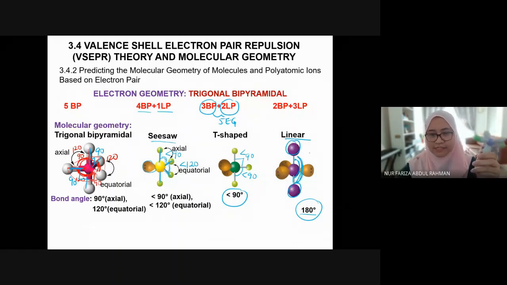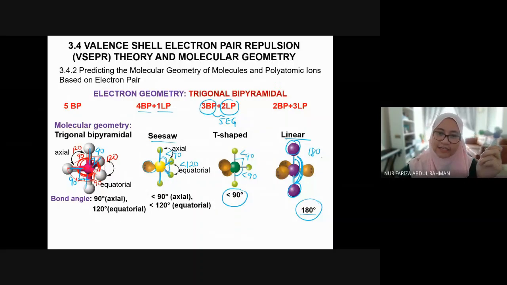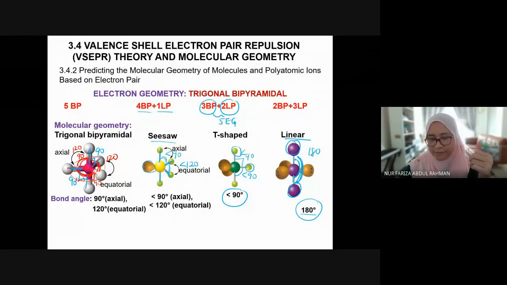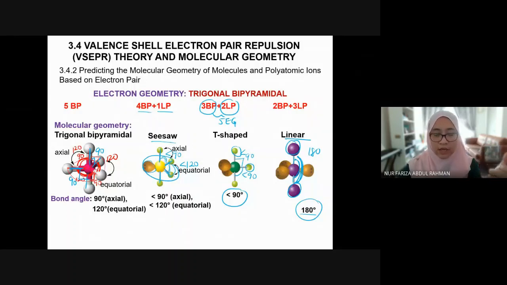So obviously this is 180. Okay, kalau ada equatorial and axial, normally the bond angle is between equatorial and axial. Faham tak faham? Okay, kalau ada equatorial dengan equatorial, then we have to show the bond angle between the equatorial. Okay, sebab dia still sebelah-sebelah, faham tak?